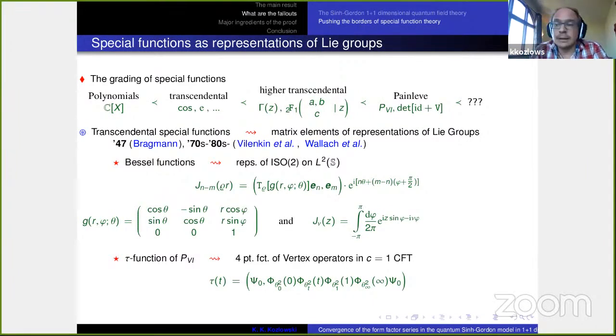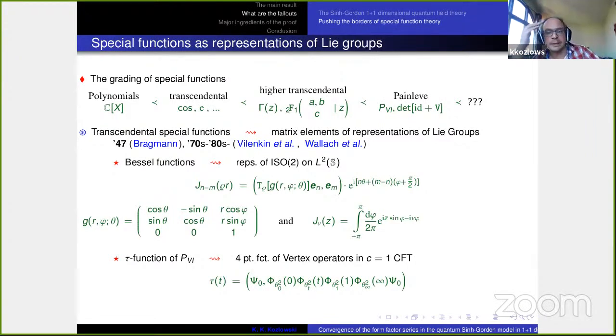In the theory of special functions, you have a natural grading. You start with polynomials because they are the simplest, then you take certain appropriate limits of these polynomials, you get transcendental functions. Then if you consider one-dimensional, finite dimensional integrals involving transcendental functions, you get the higher transcendental functions.